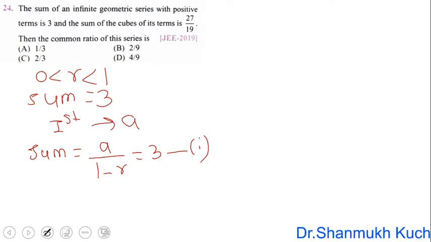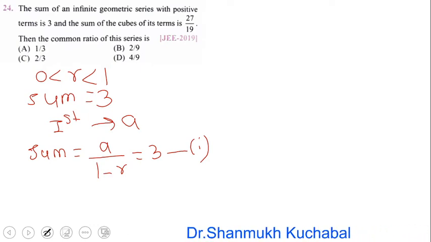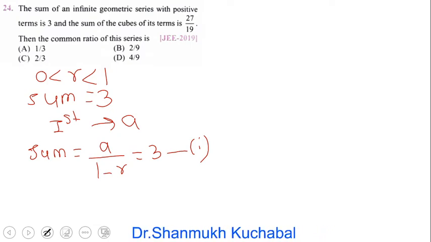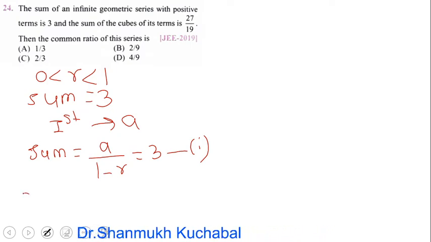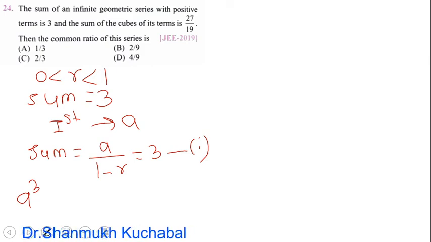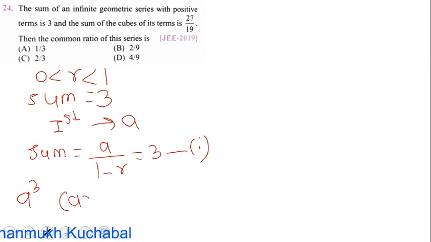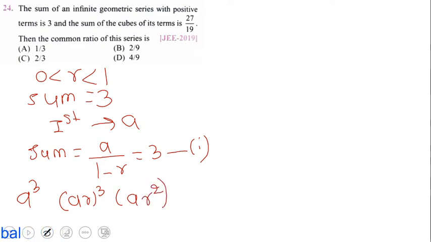Further it is given that the sum of the cubes of its terms is 27 by 19. So in a GP, the series is a cubed, next ar raised to 3, then ar square raised to 3. So I have taken a cube on each. So as per the given information, we will find the sum.